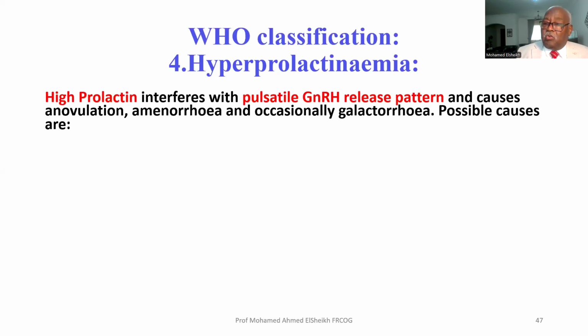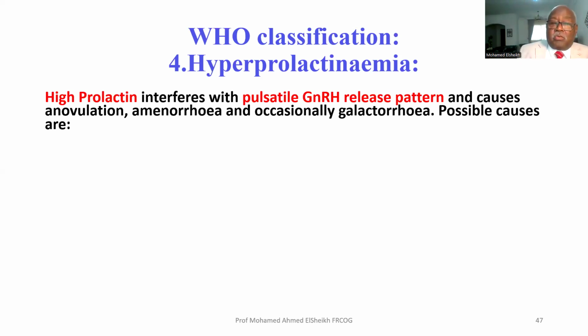We know that GnRH is released from the hypothalamus in a pulsatile up and down fashion. Hyperprolactinemia interferes with this pattern and thus leads to anovulation, amenorrhea, and occasionally galactorrhea, milk coming from the breast without pregnancy or lactation.